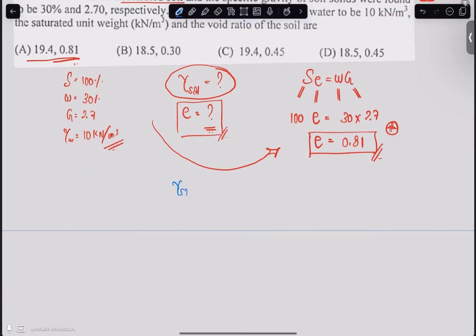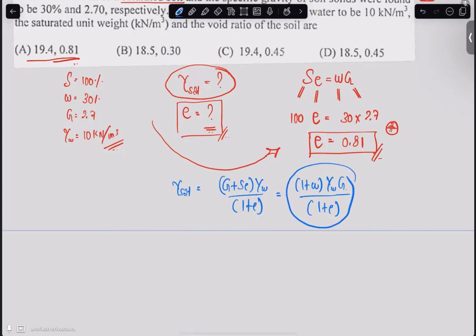So gamma sat, what is the formula for gamma sat? (G plus S e) gamma w divided by 1 plus e, or how I like to remember it, (1 plus w) gamma w G divided by 1 plus e.